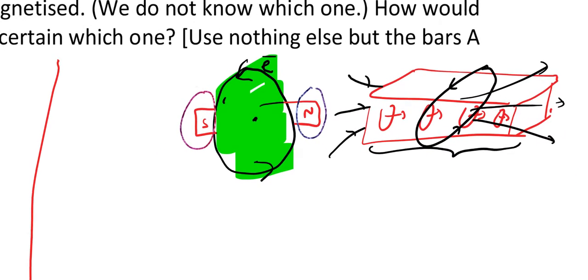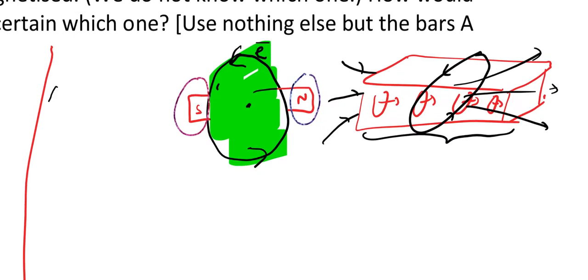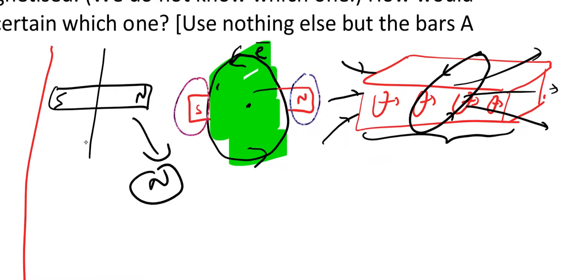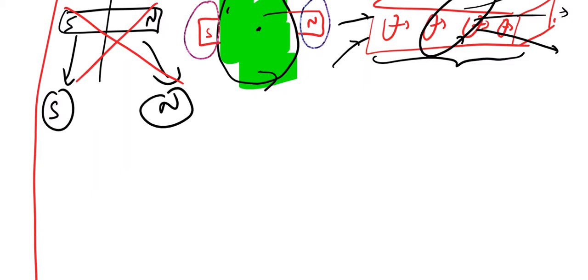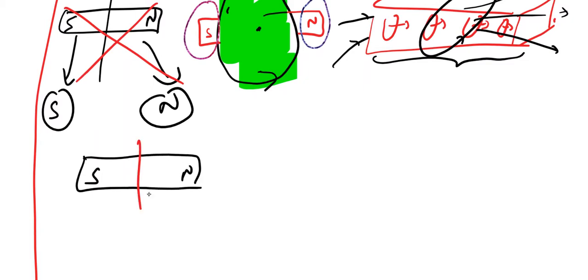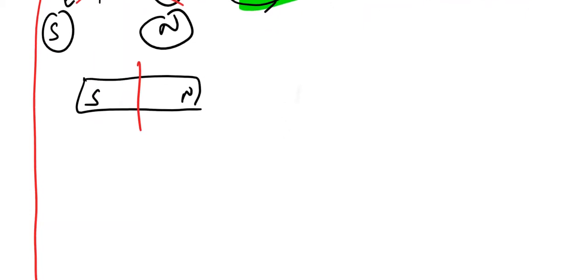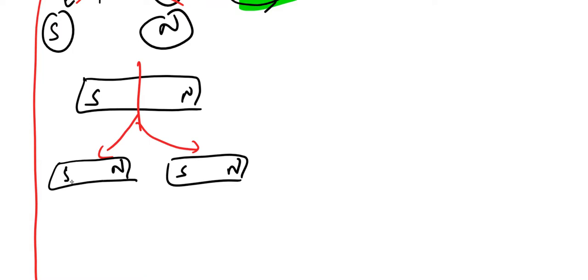That is why in high school or primary level we are told that if you divide any magnet, it's not that you will have one north pole and other south pole. This will not happen. What will happen? If you have a magnet and divide it into two parts, what you will get is two smaller magnets. Again divide them.